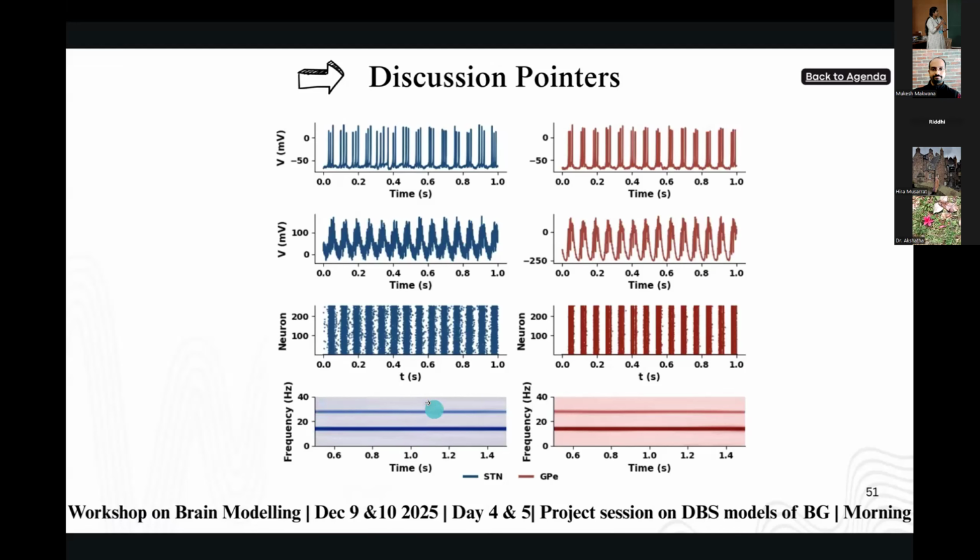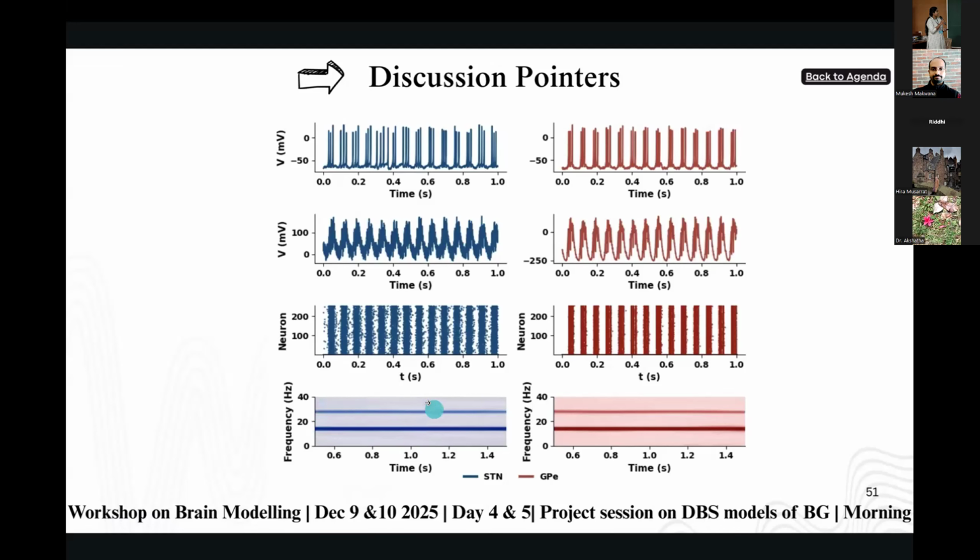So if you keep changing the parameters, these kinds of effects come up. Apart from these, in the same code file, if you go a little below, it also prints metrics: entropy, synchrony, and standard deviation.